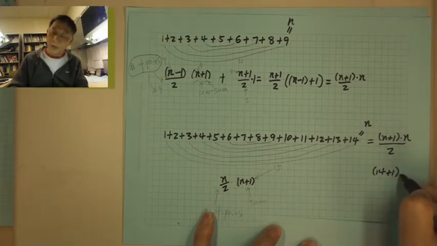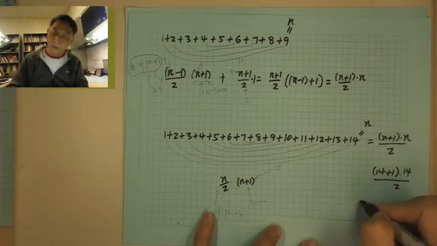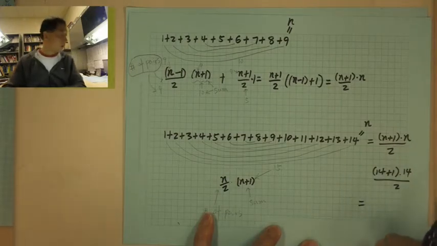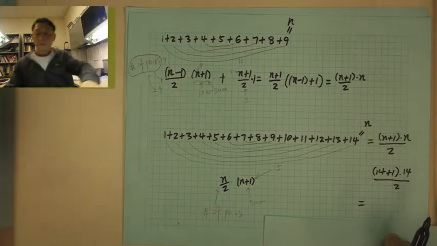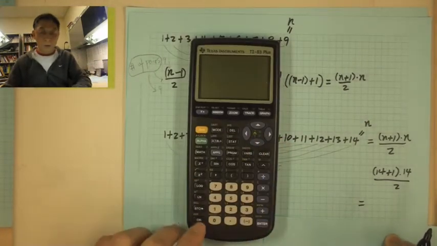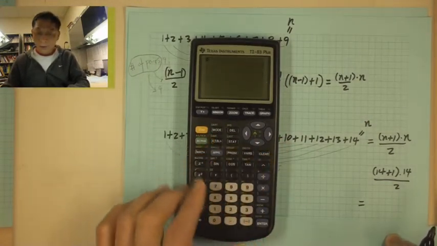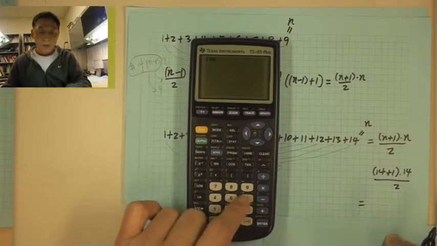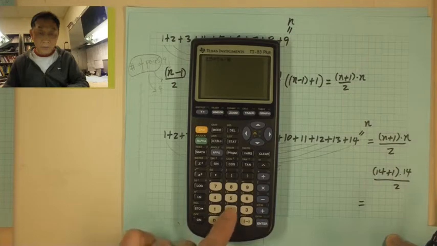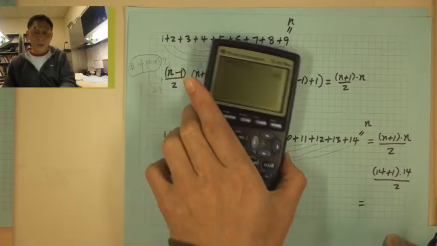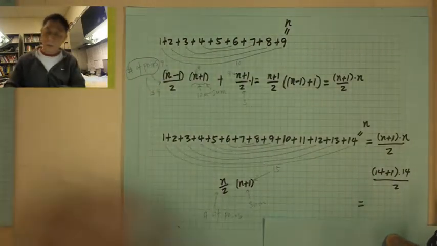And how many pairs? There are 14 divided by 2. So then you have the answer. Let's find out by using our calculator: 15 times 14 divided by 2. That's an integer, 105.